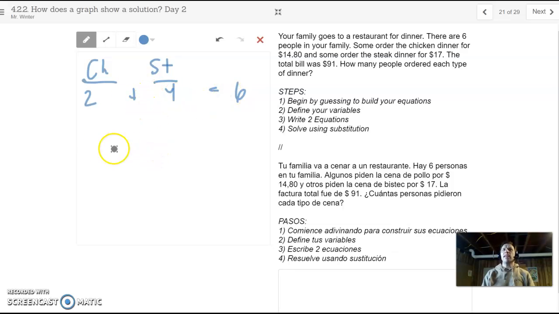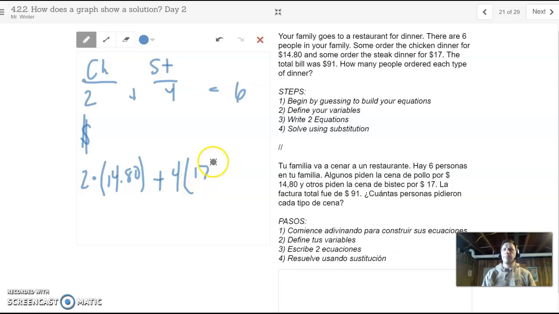Okay, so then how much money would that be? Well, if 2 people had chicken, that was $14.80. So I have to do 2 times $14.80 plus 4 times $17.